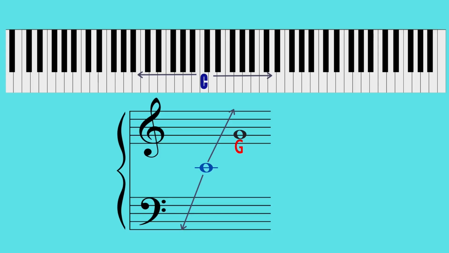When we read notes on the G clef, we start from G on line 2. This is the first G up from mid C. On the F clef, we start counting notes from line 4, which is the first F down from mid C.